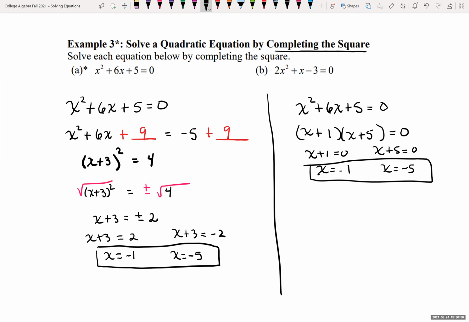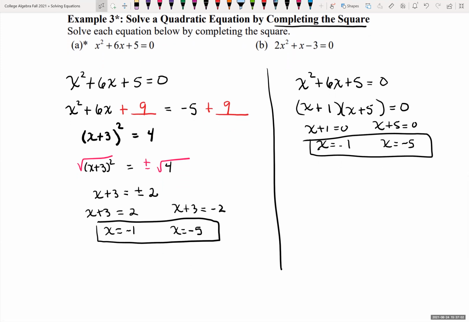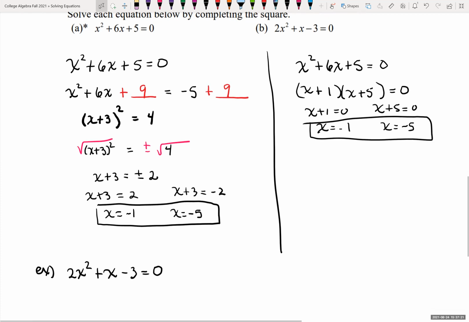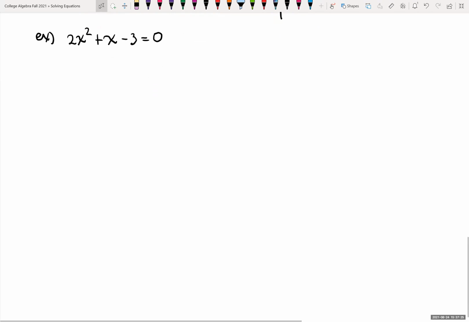Okay, so part B, looking at completing the square on the example, 2x squared plus x minus 3 is equal to 0. So this is a case where our coefficient in front of the x squared is not 1. And so we want to make that 1 by dividing all the terms on both sides of the equation by 2.